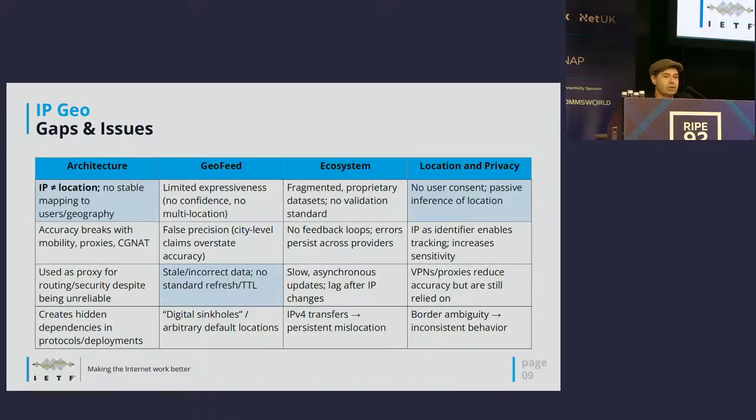If it was updated last week, probably it's more likely to be valid. But another one, and I think this is really important, there isn't really user consent for this. Your network publishes it. And if it's just publishing that this address is used in this country or city, that's probably fine. But now that it's being used for much more targeted, much higher resolution things, should the user be involved?